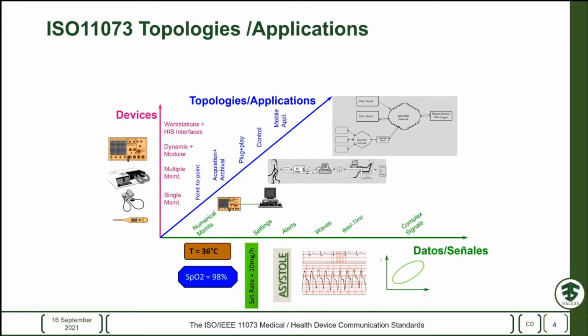Not to say, for example, images, which is another medical information that requires specific ways of capturing and transmitting. And then there is like a third axis here, which is related to the topology, related as well with the specific application. It is not the same, for example, if it is a point-to-point connection between a monitor and a computer.